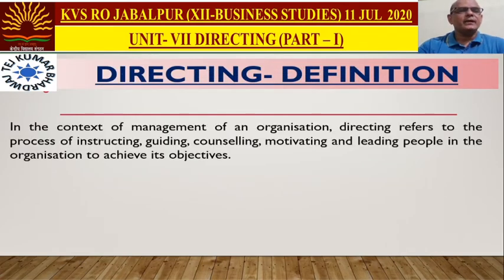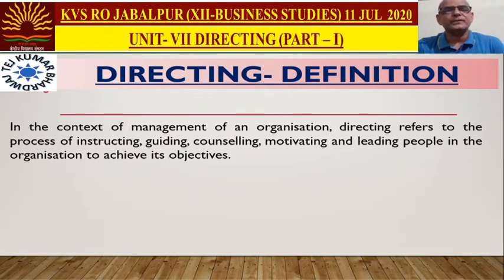Directing definition. In the context of management of an organization, directing refers to the process of instructing, guiding, counseling, motivating and leading people. These are the functions which are actually within the directing. So directing is not a separate function, rather it is a bundle, a combination of many other functions.